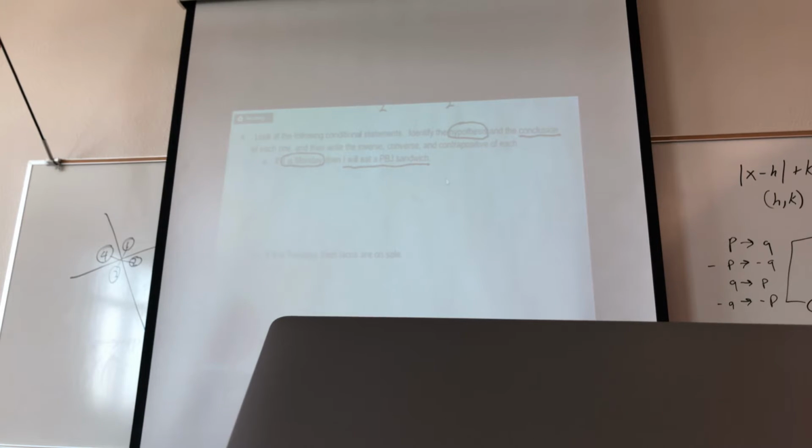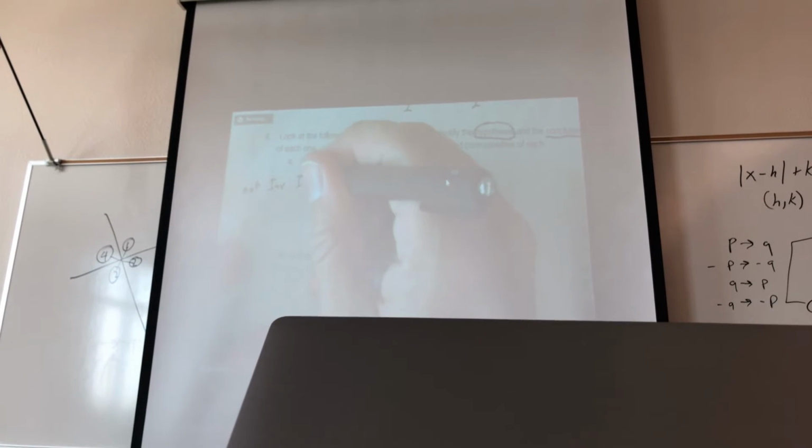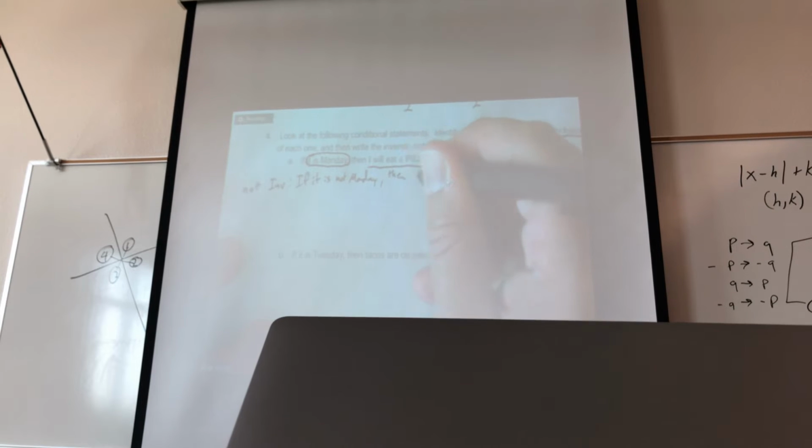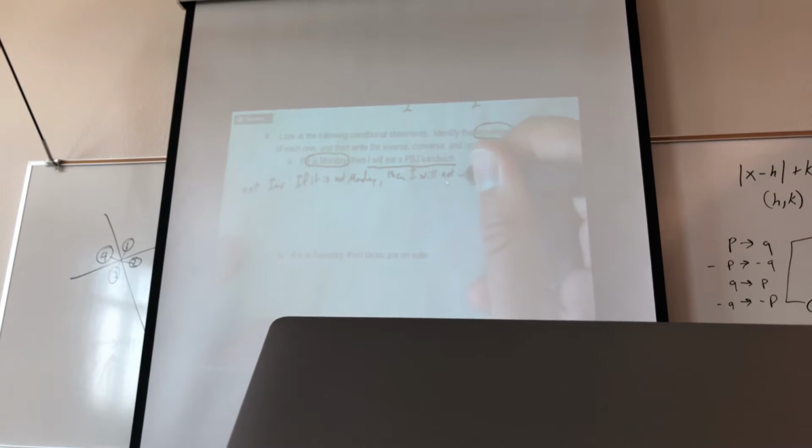Okay, so this is the original statement. If P, then Q. The inverse is where we add the word not. Okay, we add the word not to make the inverse. If it is not Monday, then I will not eat a PBJ.